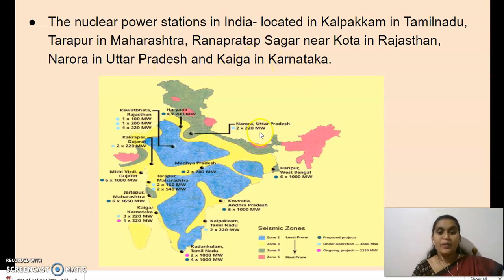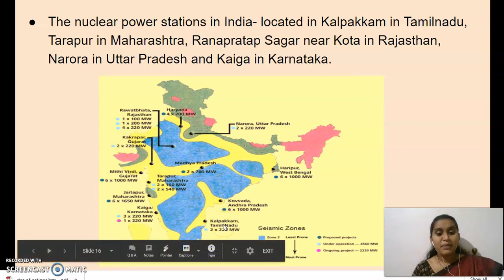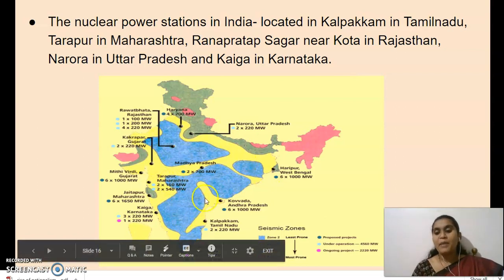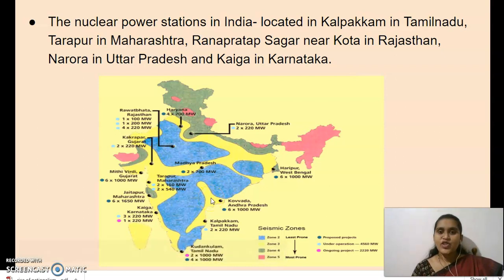So you can see here Narora in Uttar Pradesh, Rana Pratap Sagar in Rajasthan, Kalpakam in Tamil Nadu, Kaiga in Karnataka, Tarapur in Maharashtra. So you just go through this map once, children. Which are all the nuclear power stations we can see in India? Hope you guys are understanding, right?